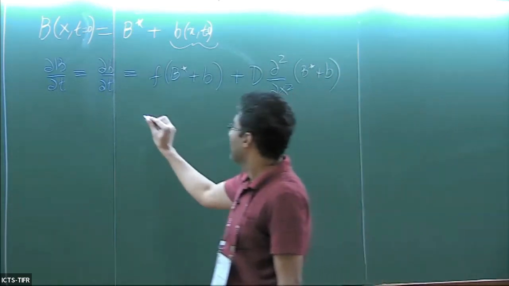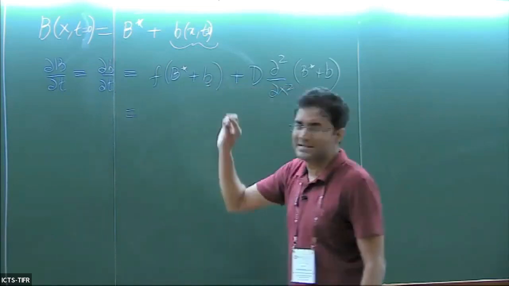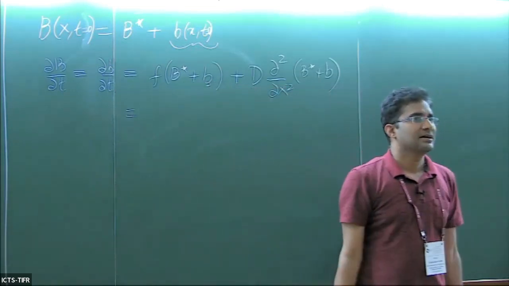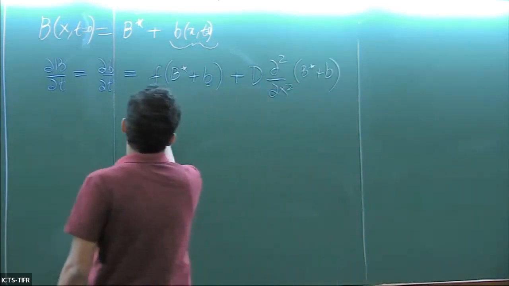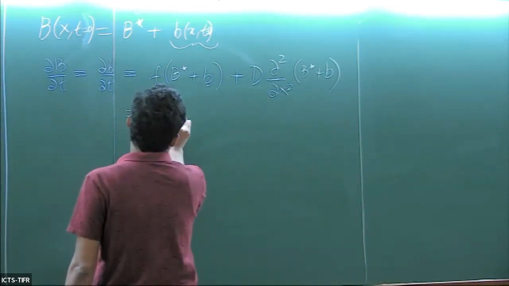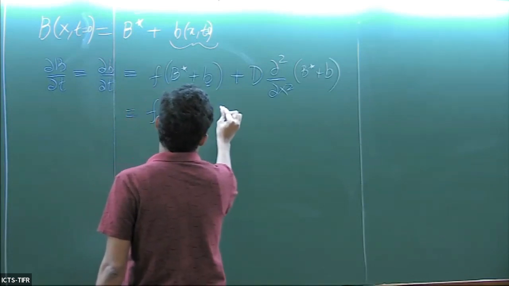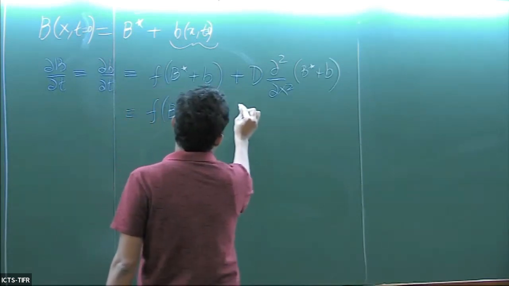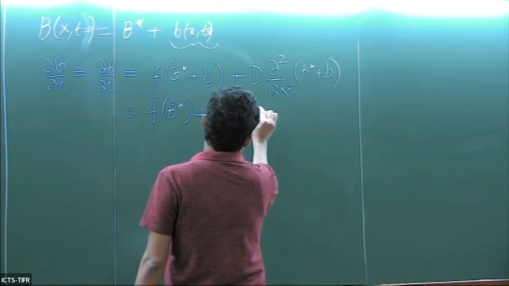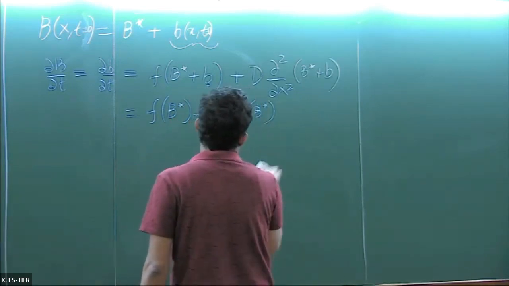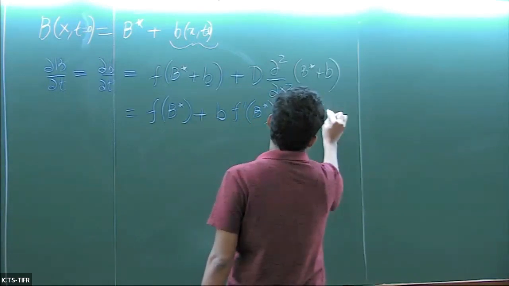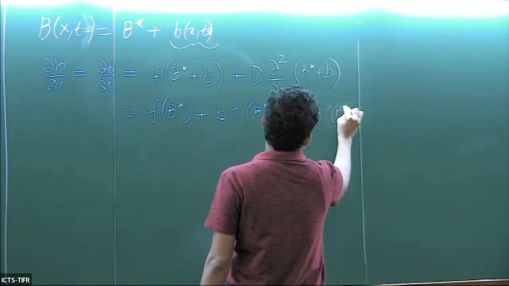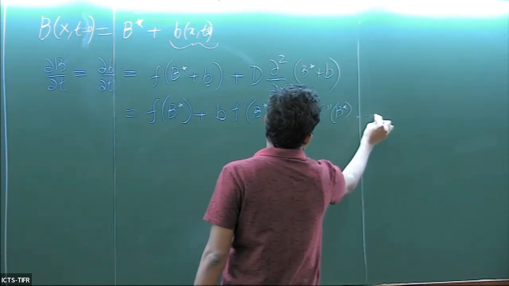Okay. Let us assume that this perturbation is not too large. It's tiny enough that I can do a Taylor series expansion and keep only a few terms. And then so on.